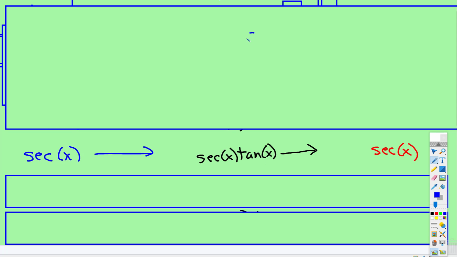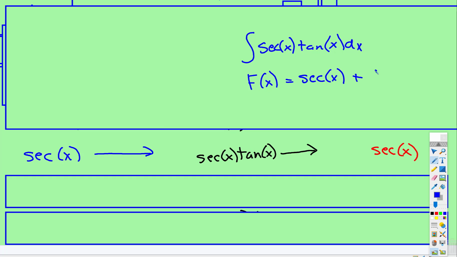So if you have the integral of secant x tangent x dx, you just work backwards. Oh, well, the function whose derivative is secant tangent is secant x plus capital C.